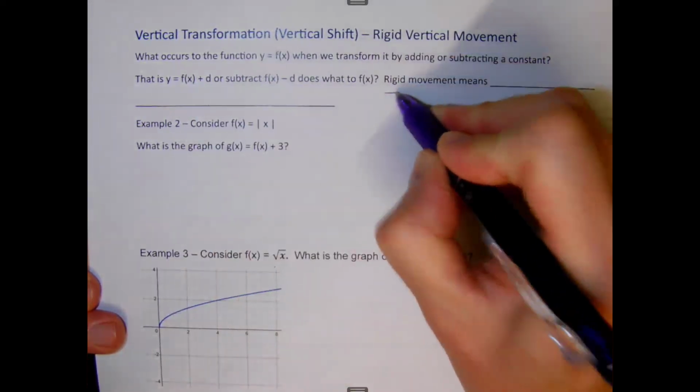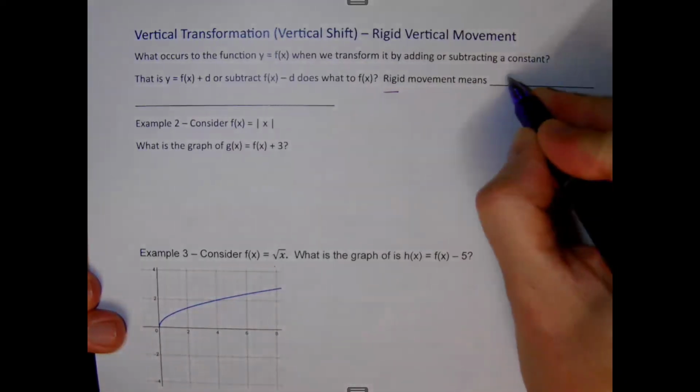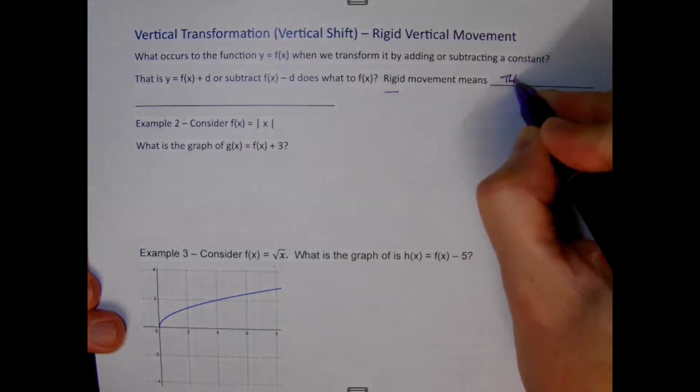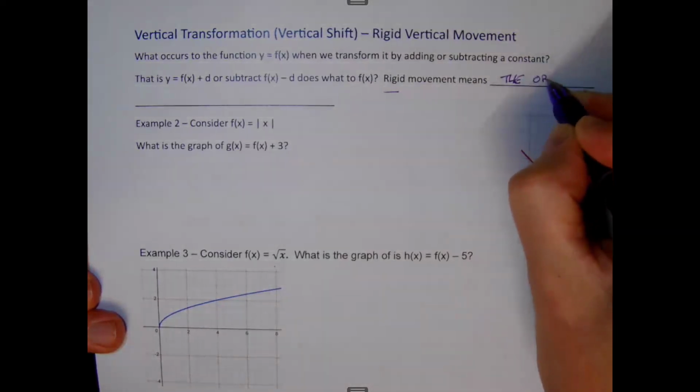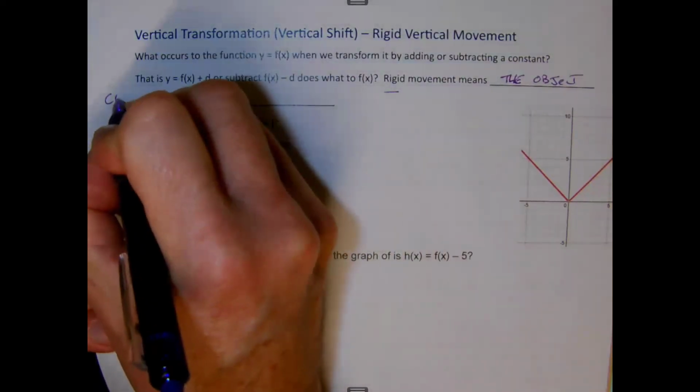Now, another thing to remind ourselves, what does rigid movement mean? Rigid movement means the object changes position without deforming.